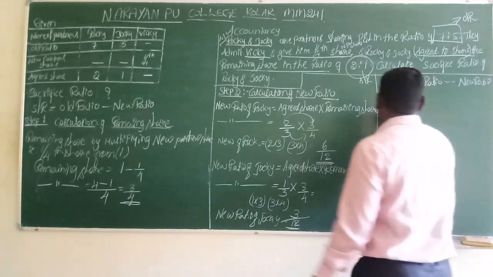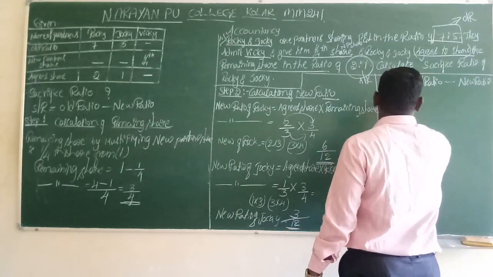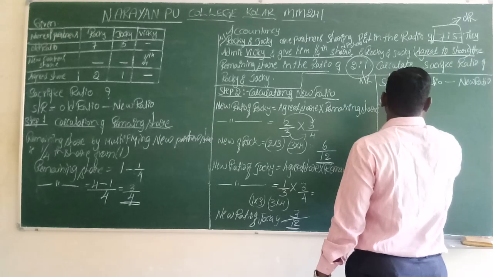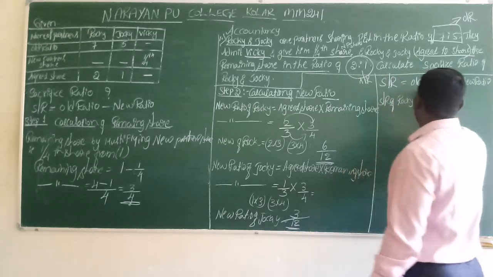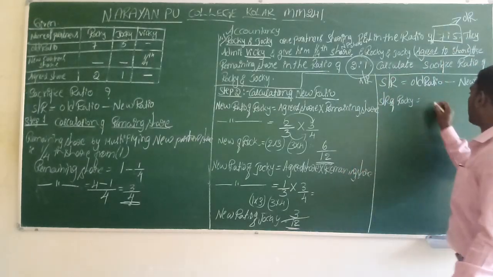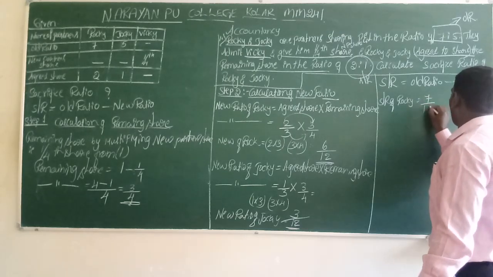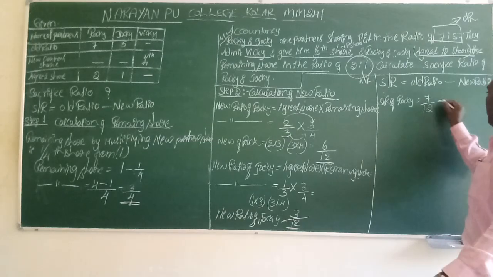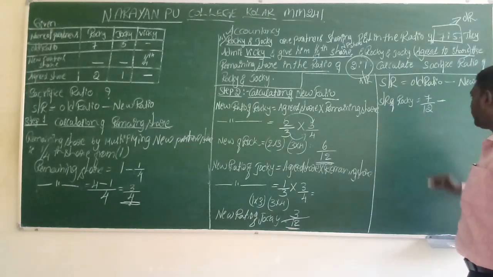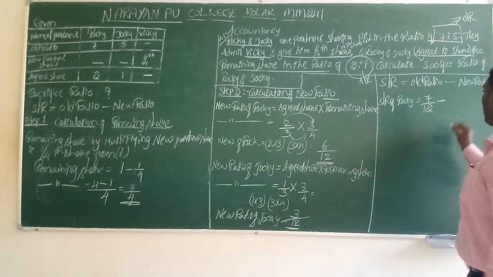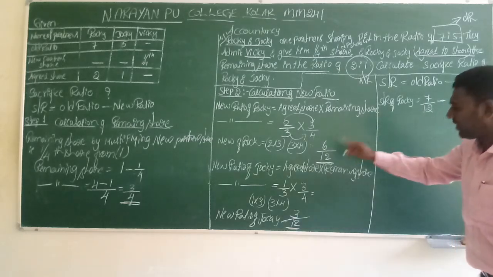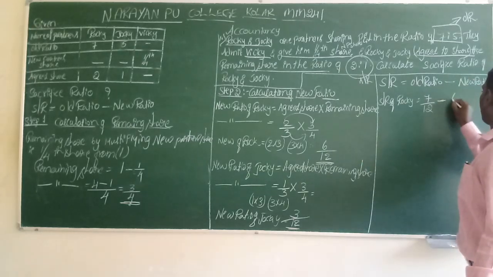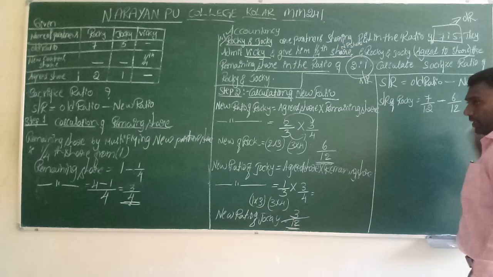So first we have to calculate the sacrifice ratio of Rocky, which is equal to the old ratio available in our question, that is 7 divided by 12, minus, as it is the formula, the new ratio we calculated for the first partner, 6 divided by 12.